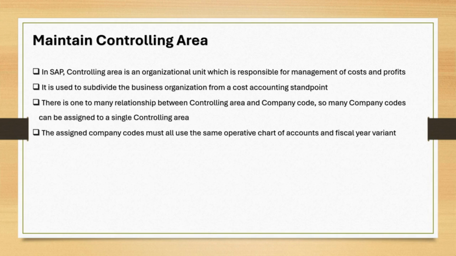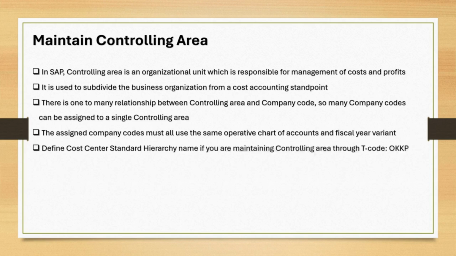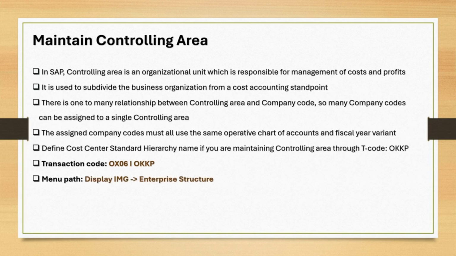So we can define the cost center standard hierarchy name. There are two different transaction codes with which we can maintain the controlling area. One is OX06 or OKKP, and the menu paths for both transaction codes are different.